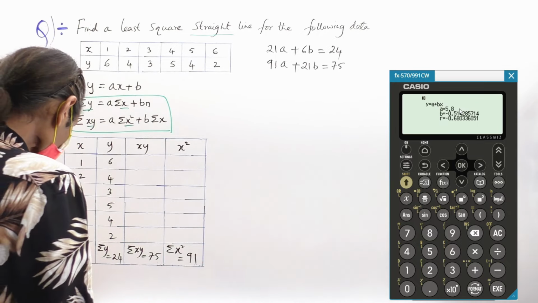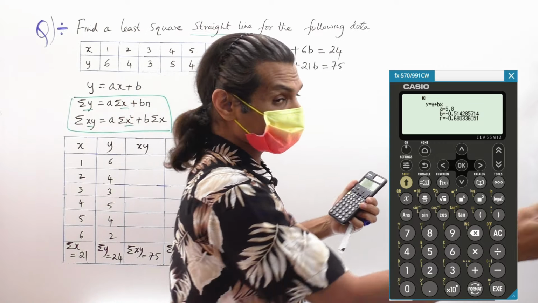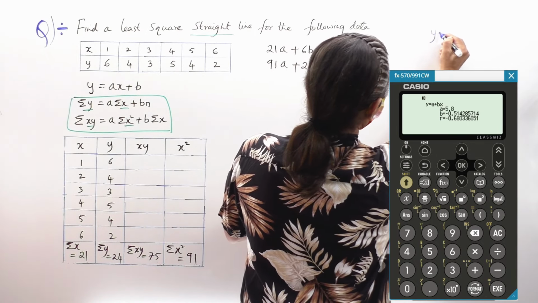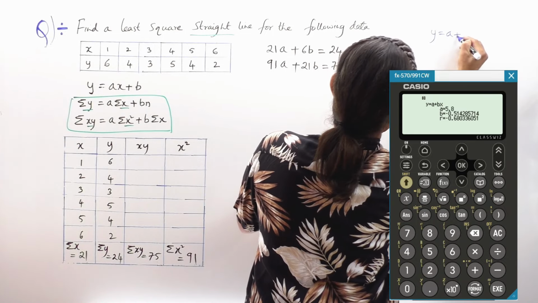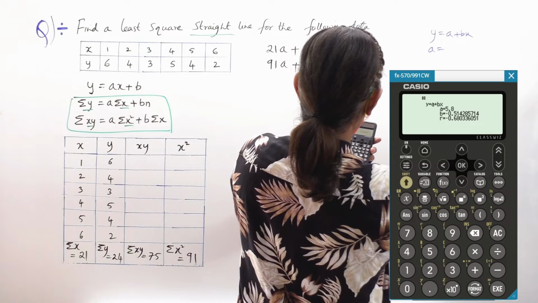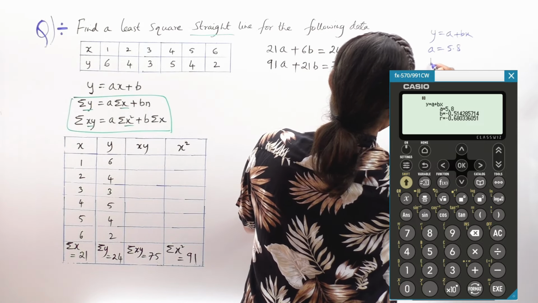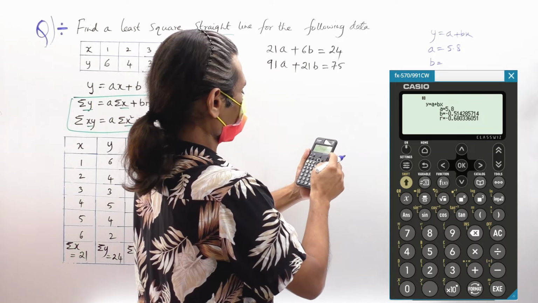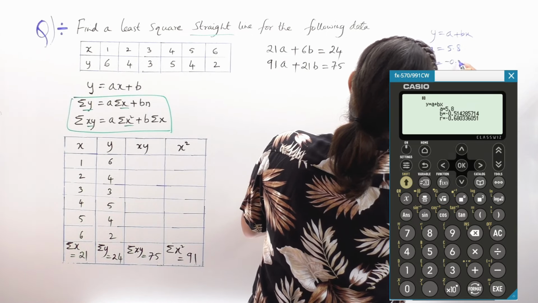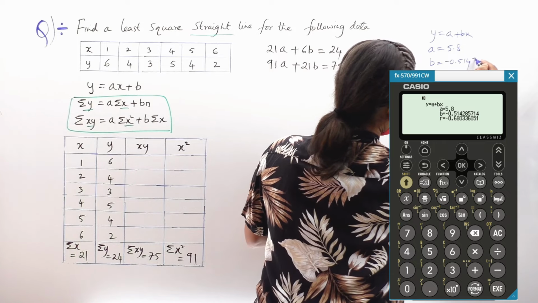So for a plus bx, I'll show you what happens in this calculator. Please note it carefully. See, y is equal to a plus bx. The values we are getting are a is equal to 5.8 and b is equal to minus 0.514.